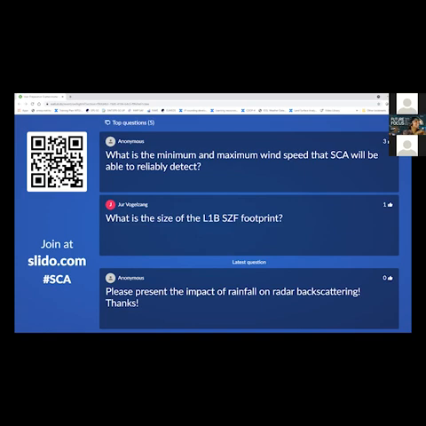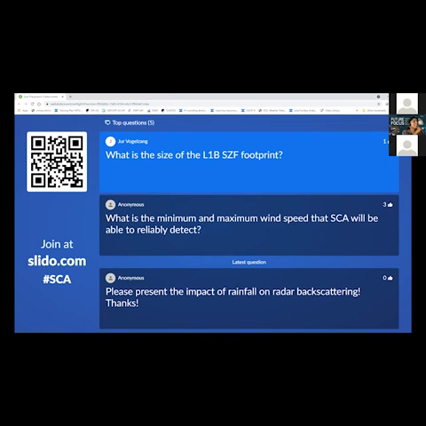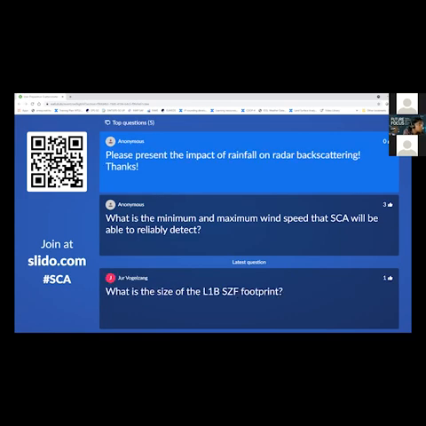Okay. What is the size of the level 1B SZF footprint? I will come back to this in the next talk. And there is another: the impact of rainfall on radar backscattering.